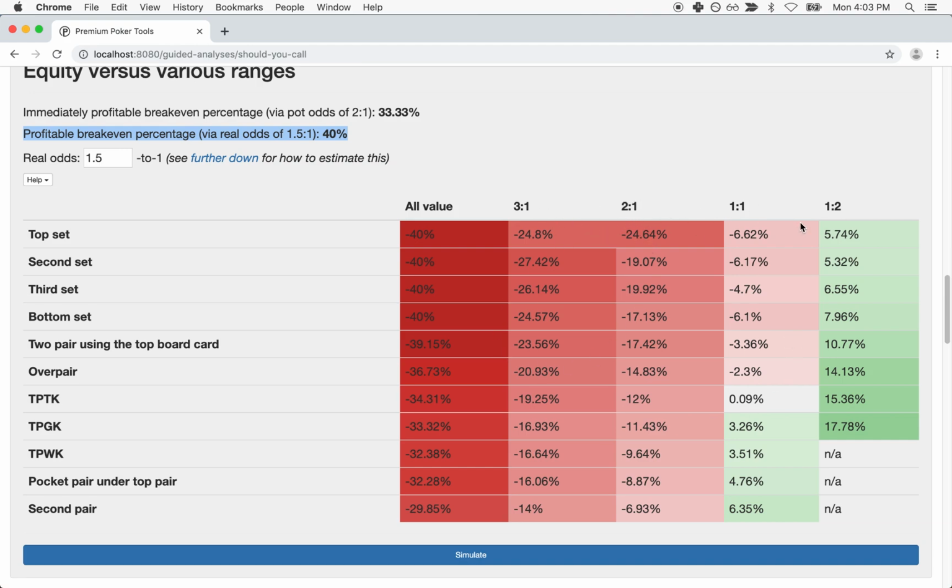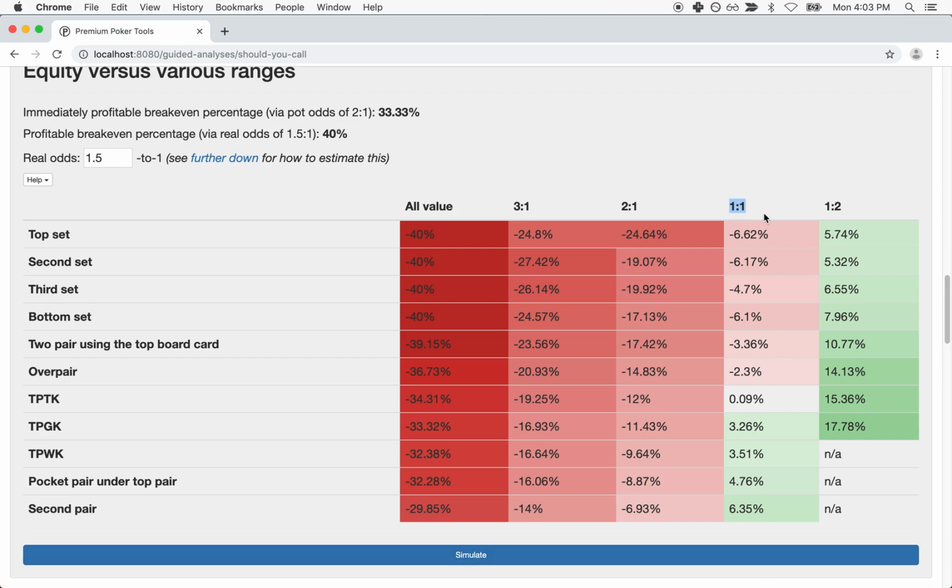value to bluff ratio. When their value to bluff ratio is 2 to 1, even if they're value betting very thinly, we still can't really call because this is all red. If it's 3-1, we really can't call. But once it starts to get to a 1-to-1 value to bluff ratio, we can see that now it depends on how thinly they value bet.